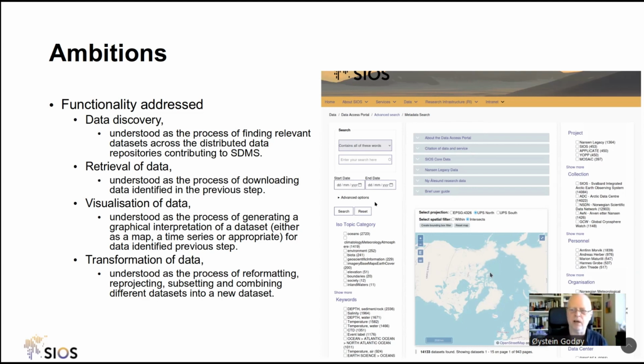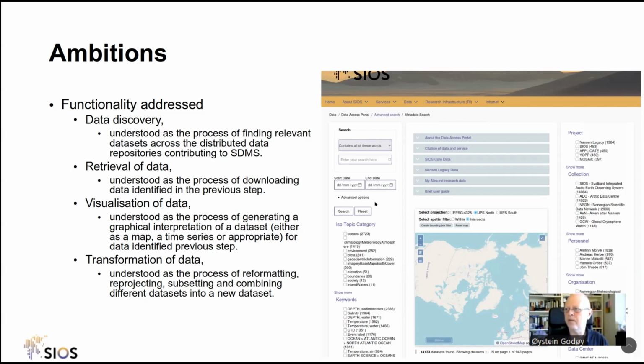This is the advanced user interface, where you have a number of what we call groupings of facets, where we've basically analyzed the information in the catalog, and we say that there are, for example, 2,723 datasets in the catalog that are tagged with oceans in the ISO topic category element.